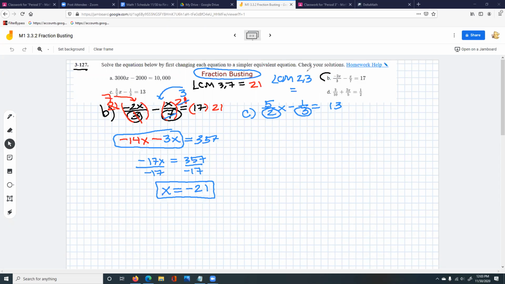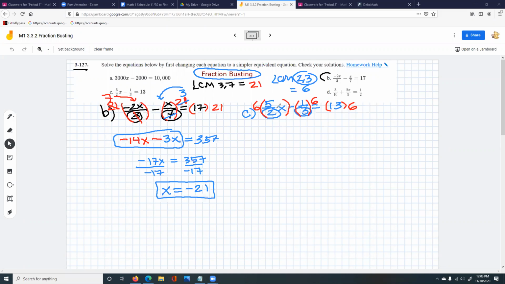What's 2 times 3? 6. So the lowest common multiple of 2 and 3 is 6. So we're going to multiply everything by 6. I'm going to multiply this by 6, the 1/3 by 6, and the 13 by 6. You have to multiply everything by 6 to keep the equation equal and balanced.